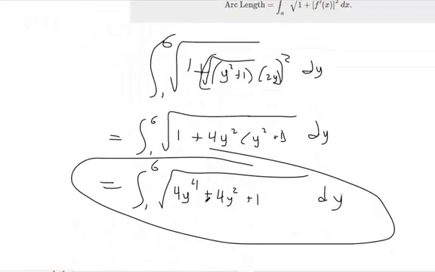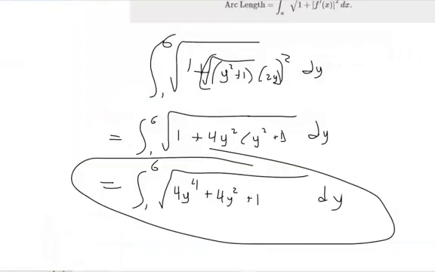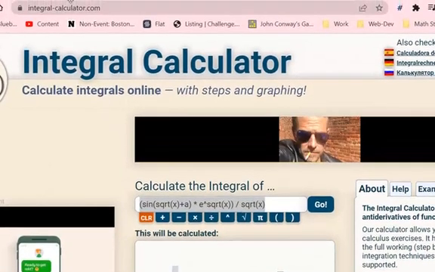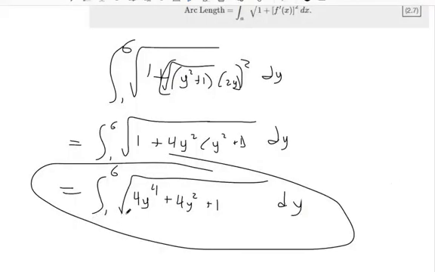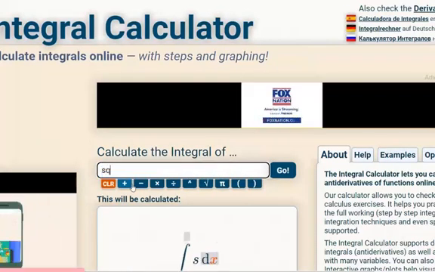Okay. So to use technology, I'm going to use the website integral-calculator.com. And we're going to type in, instead of y, I'll use the letter x. I think you can switch it to y on this calculator too, but it's a square root.